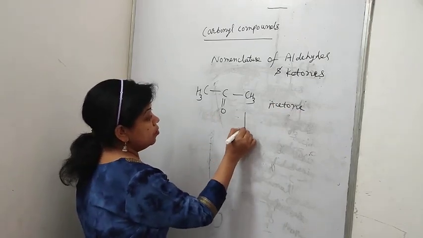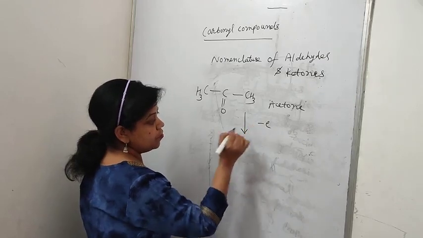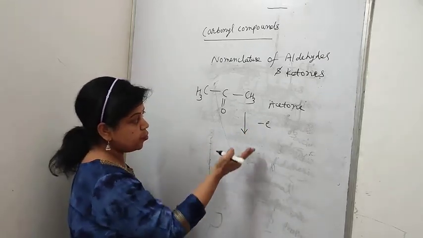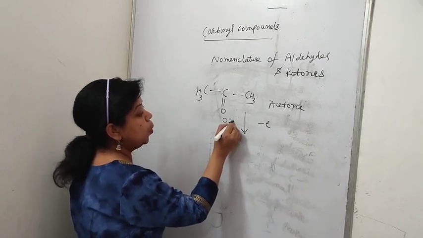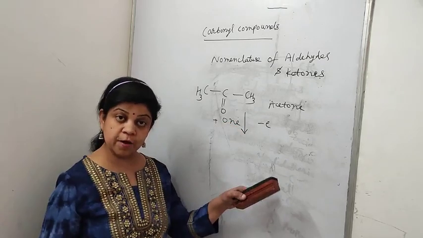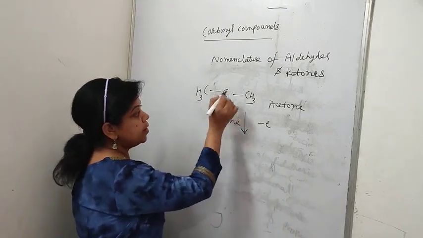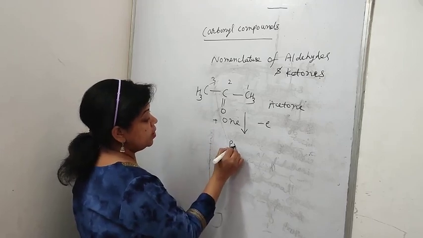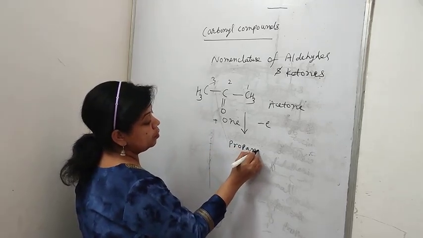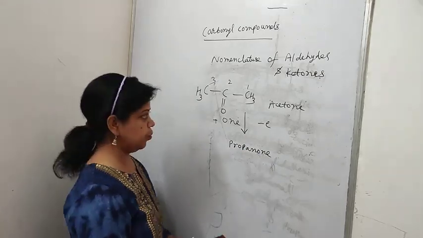So for naming, the simplest rule which you have to follow, you have to replace this e by one. You have to remove its e by one. So it is a 3 carbon alkane. So the name is propanone.